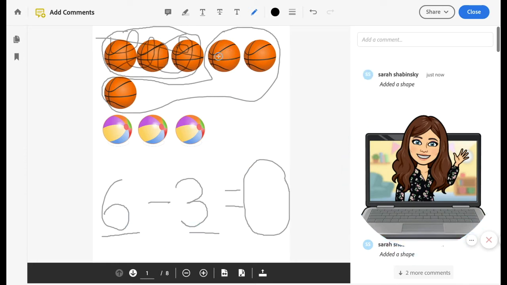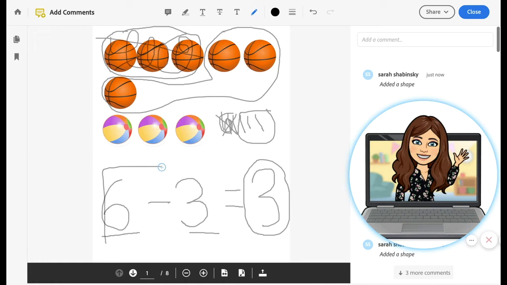So Keeble Cubs, tell me, how many balls are left? That's right, it would be 3. So we know that 6 minus 3 is equal to 3. And we can see that also here, friends, in our complete number sentence, 6 minus 3 equals 3. Good job, friends. Let's move to the next one.